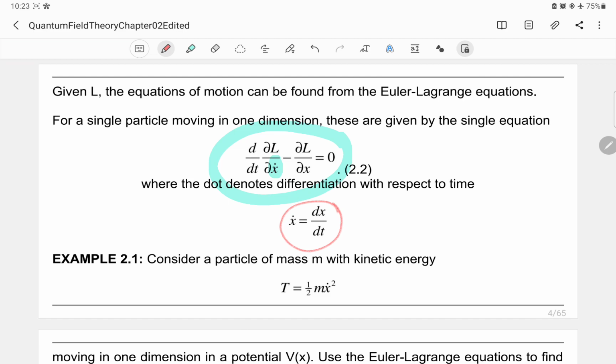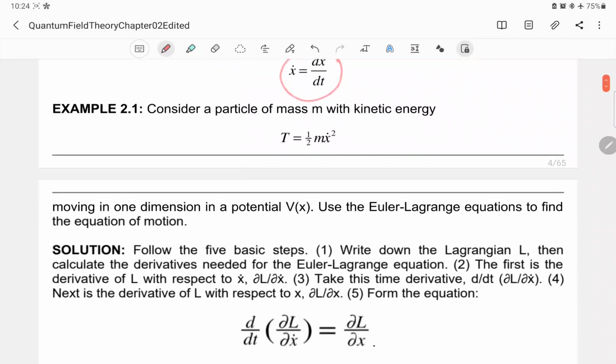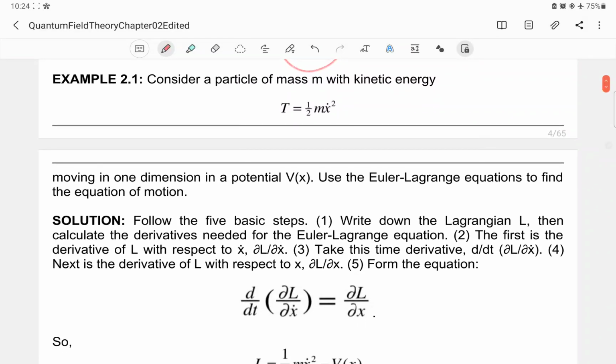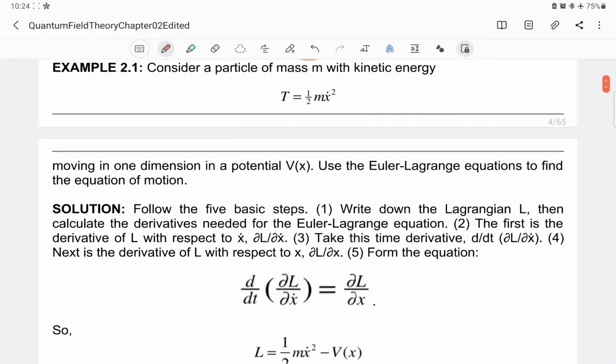Now, we'll consider a particle of mass m with kinetic energy T equals 1/2 m x dot squared, moving in one dimension with a potential V of x. We'll use the Euler-Lagrange equation to find the equation of motion. By the way, the potential here is not specified.